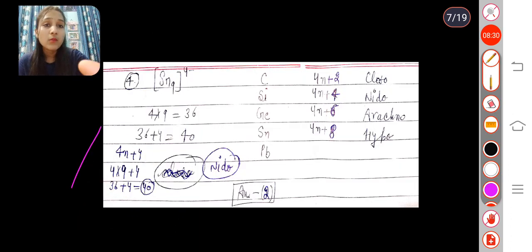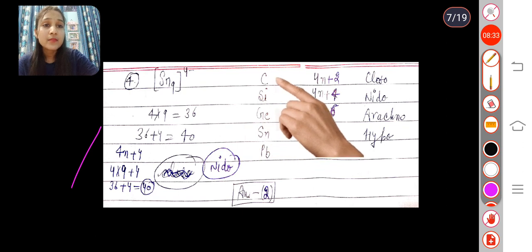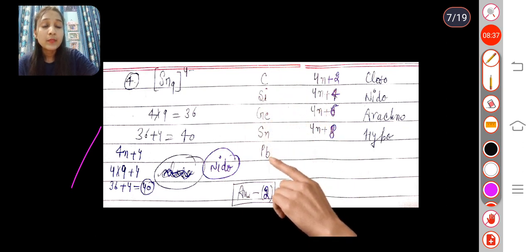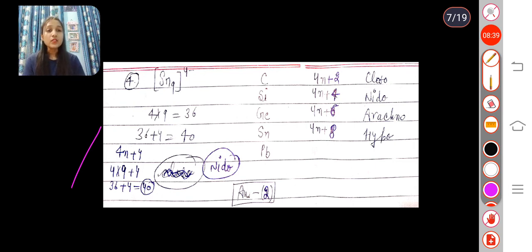As we are talking about Sn9, we have the carbon series: carbon, silicon, germanium, Sn, Pb. Pb is lead. So in the same group we have the same number of valence electrons. We all know very well that the number of valence electrons for carbon is 4, so for Sn we also have 4.